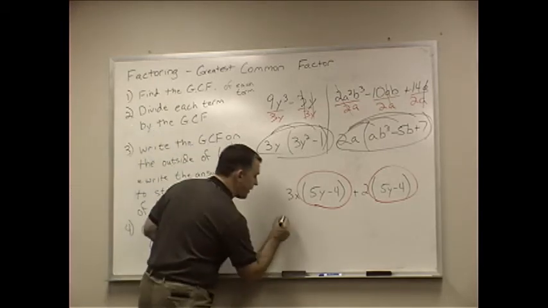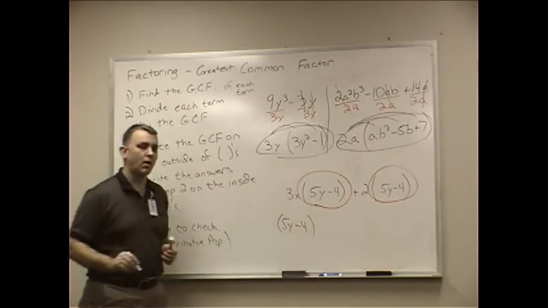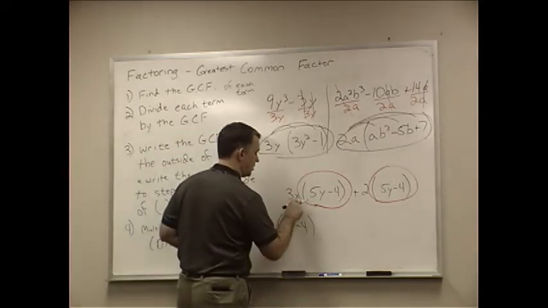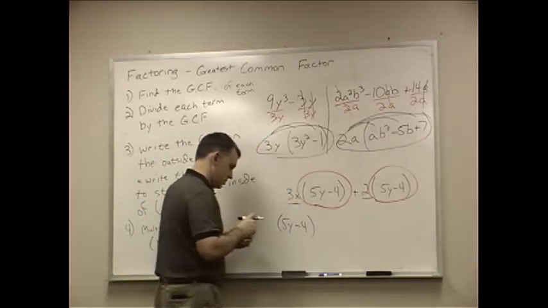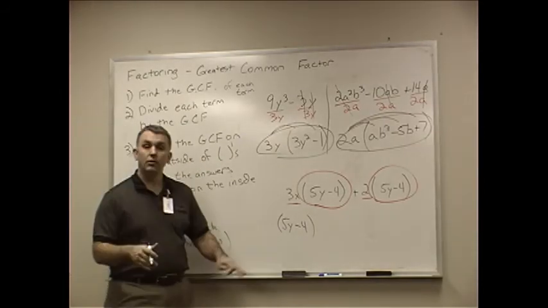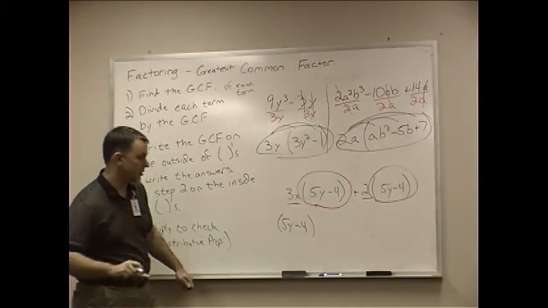That is a common factor. So 5y minus 4 is a common factor there. Okay? So now I've got 3x and 2. Well, let's just go ahead and follow through our steps. I think some of you can see what's going to happen.